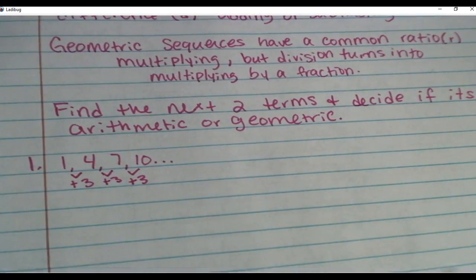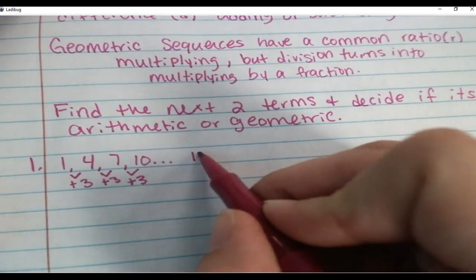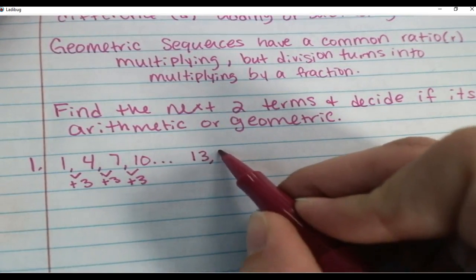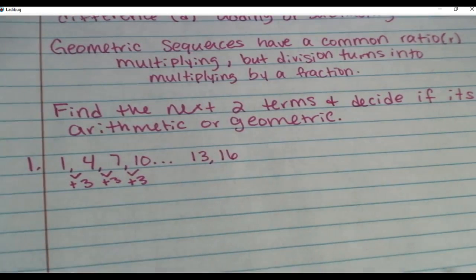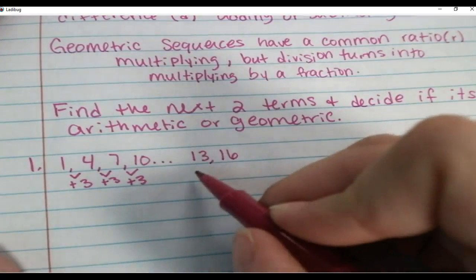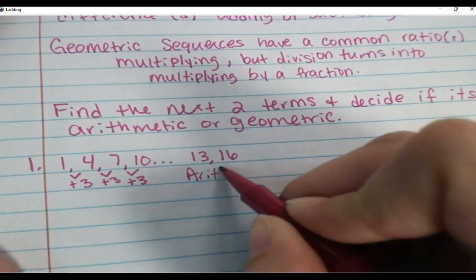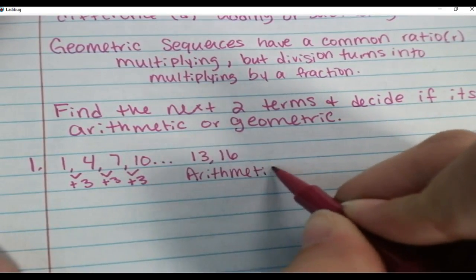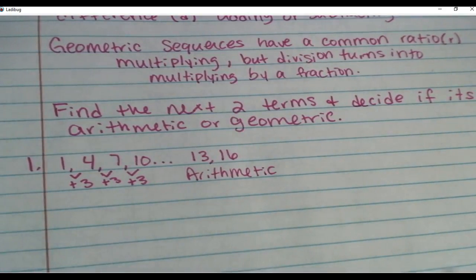So what would be my next two terms? Good. 13 and 16. So if we're adding 3, does that make it arithmetic or geometric? Arithmetic. Good. And so then we would say that our common difference is 3, because that's what we're adding each time. Questions?